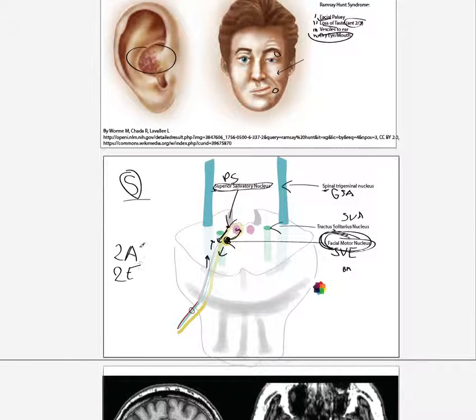Whereas for the two afferent fiber types, the nucleus of the solitary tract and the spinal trigeminal nucleus, their cell bodies aren't sitting here, and axons are projecting back to these places. So they're the four functions and the four nuclei of the facial nerve.